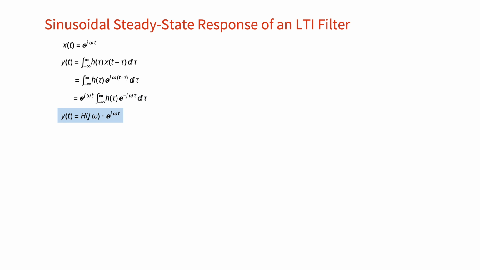And so y of t is equal to H of j omega times e to the power j omega t. The output of an LTI system is simply the input e to the power j omega t scaled by the Fourier transform of the impulse response, H of j omega, evaluated at the frequency omega. This is a fundamental property of LTI systems.